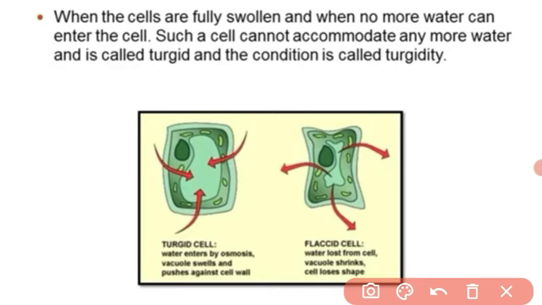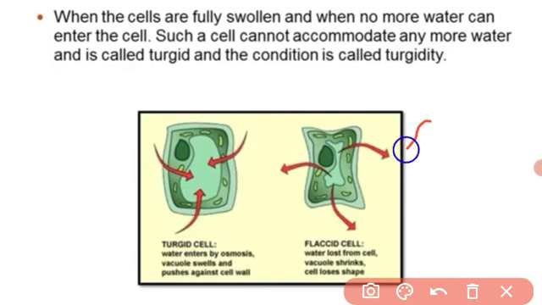This condition is called the turgid condition of the cell, which means the cell is fully swollen and no more water can enter into it; the cell cannot accommodate any more water. This type of cell is called a turgid cell, and this condition is called turgidity.